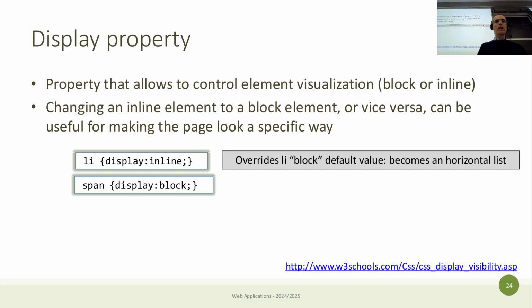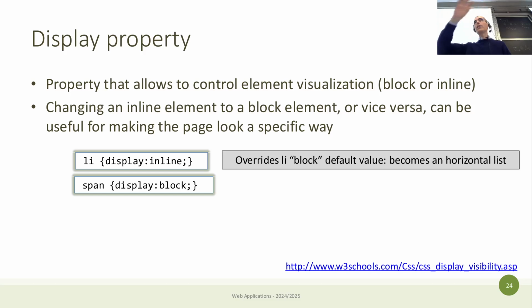Okay, we can change this display property of the HTML tag and say it's inline instead of block, and vice versa. And basically, we change how the browser would arrange the element in the page. Okay, if it's a block, it makes a block, and then new line, another block, and so on.